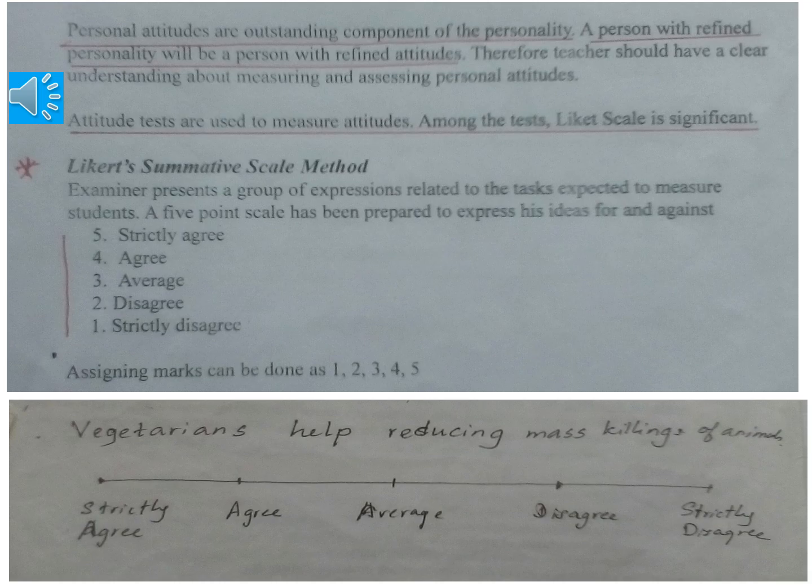Or if we want to check an opinion, school children above 14 should be allowed to bring their mobile phones to schools. Then you can have a rating scale like this, and you can state your opinion.